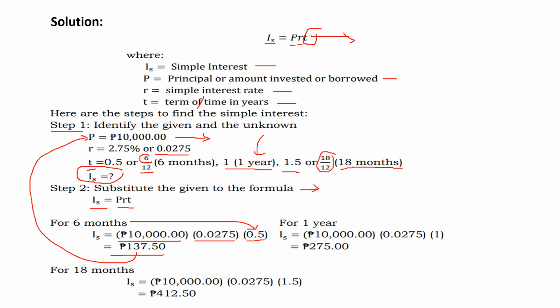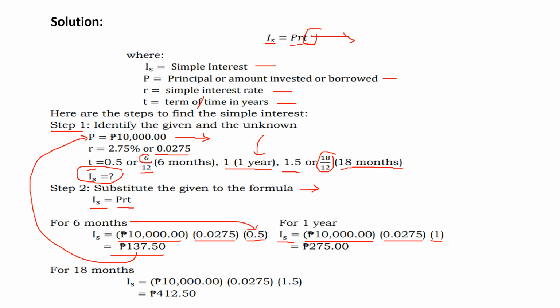Now, for 1 year, your principal is still 10,000. We multiply it by 0.0275 and we multiply it by 1 because it is for 1 year.